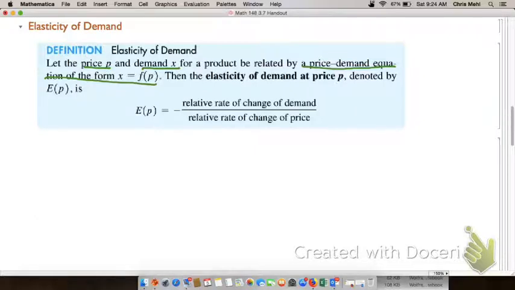And then the elasticity of demand at a price P is going to be the function E of P, that's for elasticity at the price P. And it's the negative, so pay attention here, there's a negative sign.